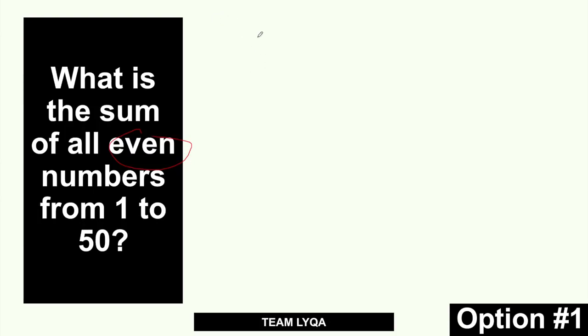So, 0, hindi naman siya kasama kasi we're still starting with 1 at saka wala rin naman siyang bearing. So, we're going to start with 2. And then, you have 4, 6, 8. And then, your 10. Tapos, meron kang 12, 14, 16, 18, and 20. You can do this and list everything down.